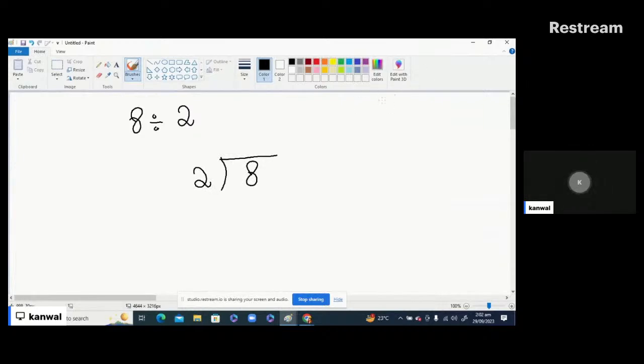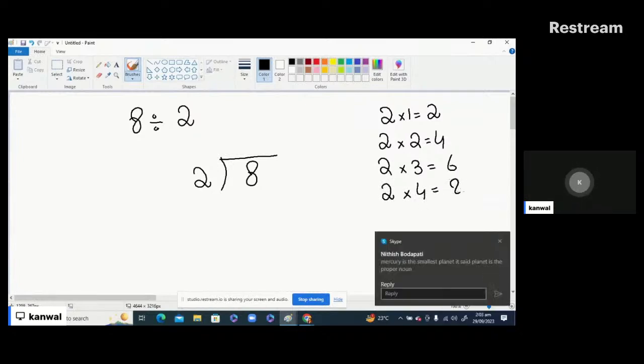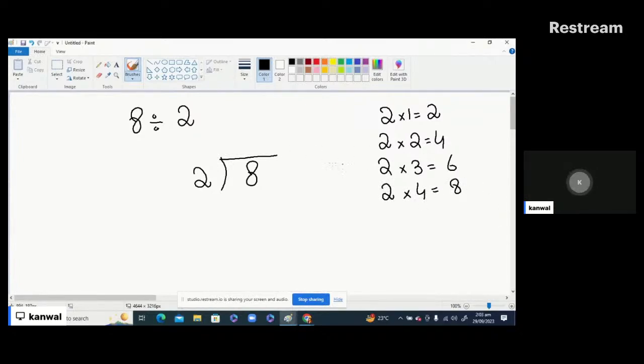Now you tell me: 2 times 1 is 2, 2 times 2 is 4, 2 times 3 is 6, and 2 times 4 is 8. So 2 times 4 is 8, and when you subtract 8 minus 8, you get 0. So this is your answer, that is 4. You're just going to write it here, 4. Very well done.